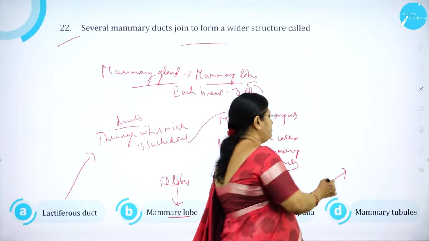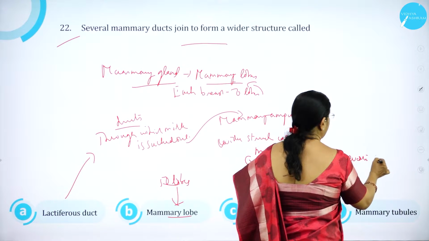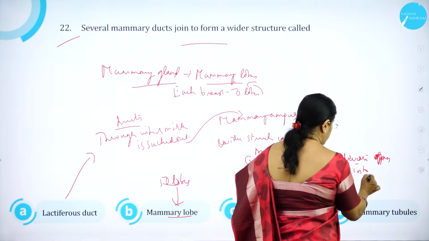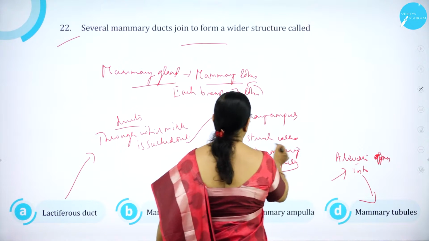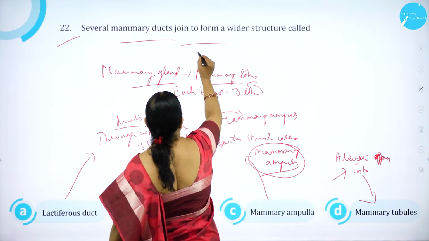So option D, the alveoli of the mammary gland open into the mammary tubules.